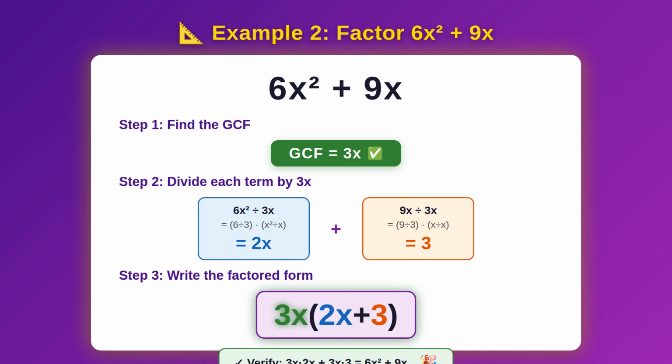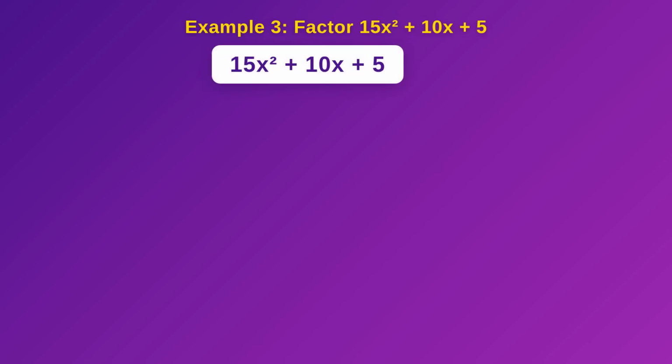Then 9x divided by 3x, 9 divided by 3 is 3, and x divided by x is 1, so that's just 3. Step 3, write it as 3x times the quantity 2x plus 3. Let's verify. 3x times 2x is 6x squared, and 3x times 3 is 9x. That's 6x squared plus 9x. We're correct.